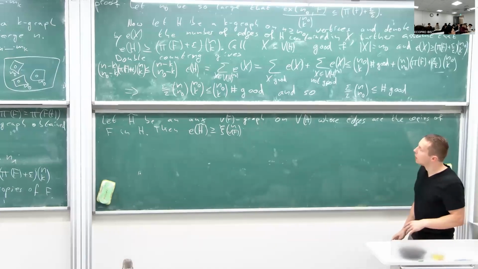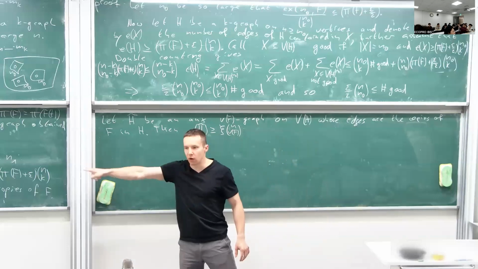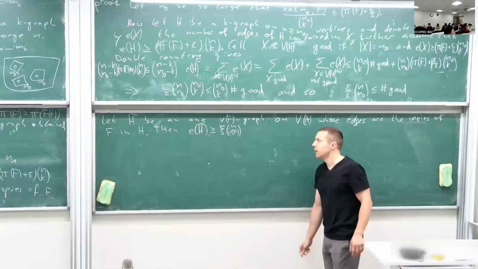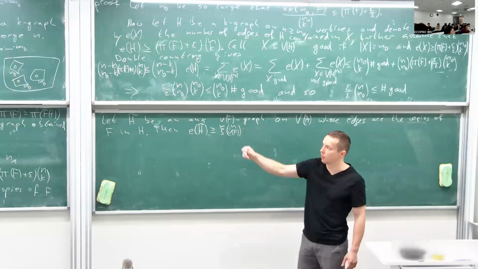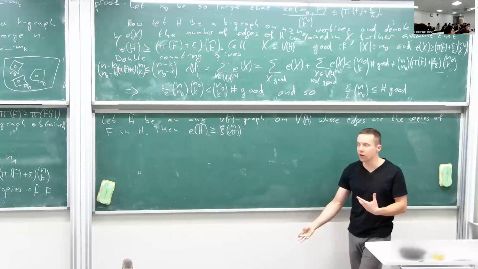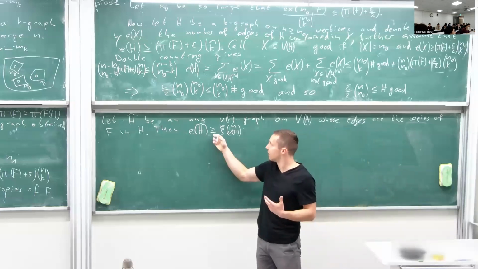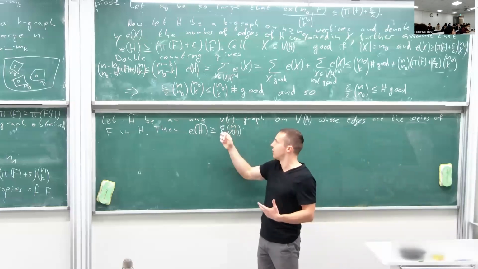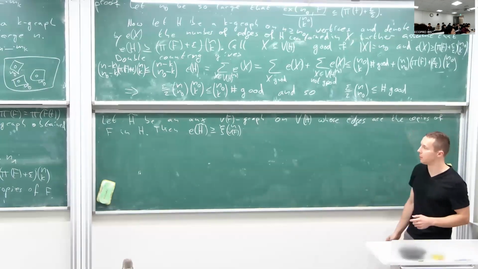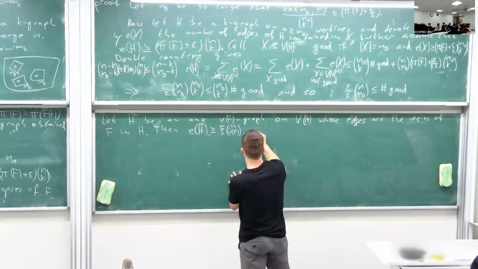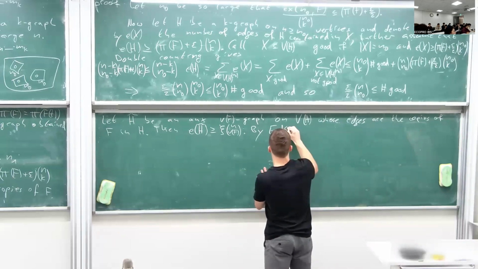So now if our n was large enough, meaning our n1 was large enough, then by the result from last lecture and the beginning of this lecture, we know that every v(F)-uniform graph which is k-partite is contained in here.